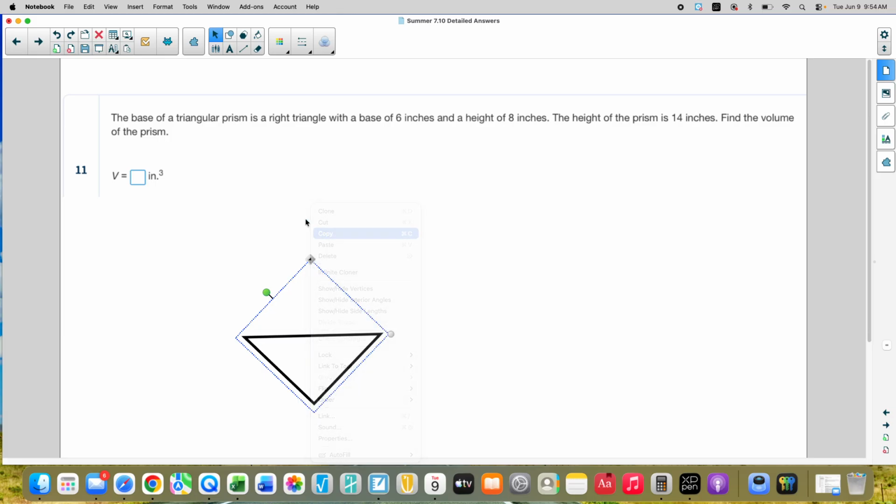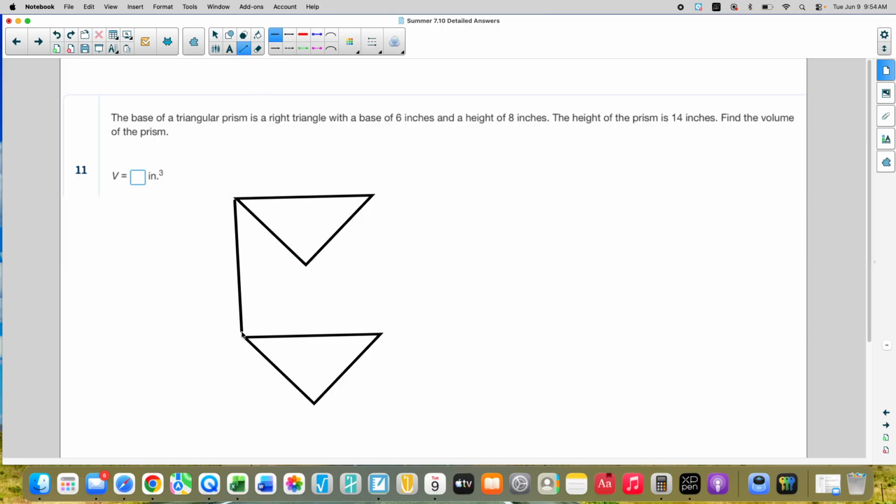Let's copy. Let's paste. That looks like that. We got lines connecting them. And that's good. And we got dimensions of 6 inches, 8 inches, and a height of 14 inches.